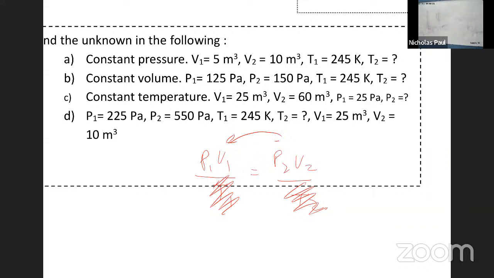If on the other hand, volume constant, take off volume, and you will see you're using pressure law. So if you know one law, it should help you figure out all the others, right?